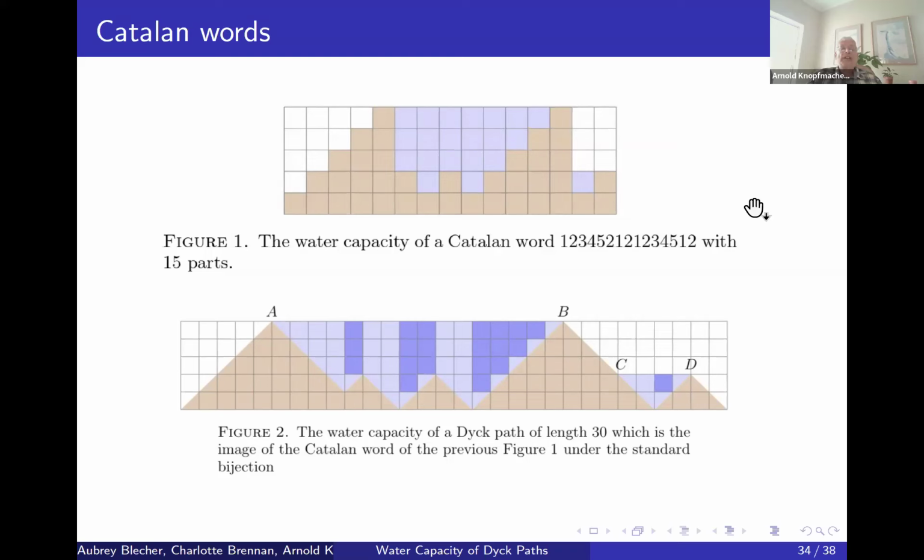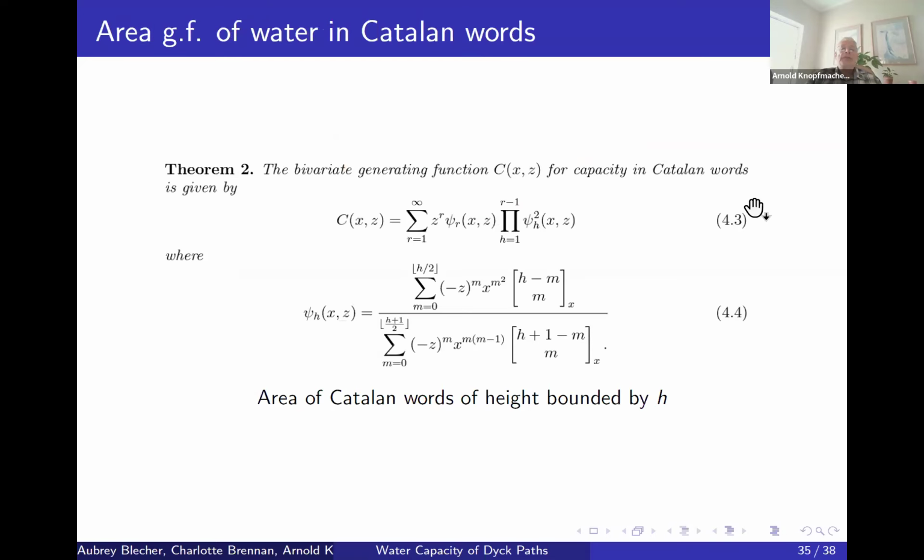In other words, what I'm saying is, if we take all the water in the Dyck paths, I should only count the water that's above the up steps of the Dyck path, and I should also ignore any triangles that don't make up full squares. Okay, well, that's not too hard to do.